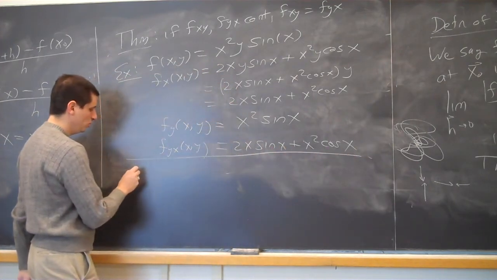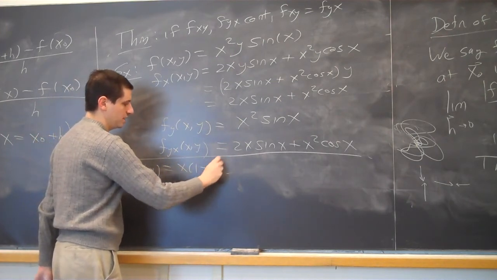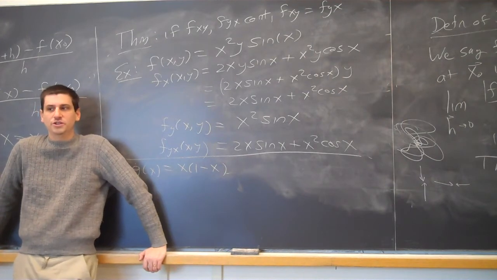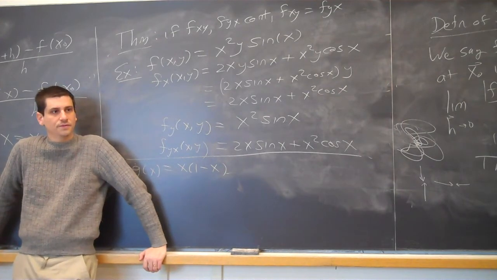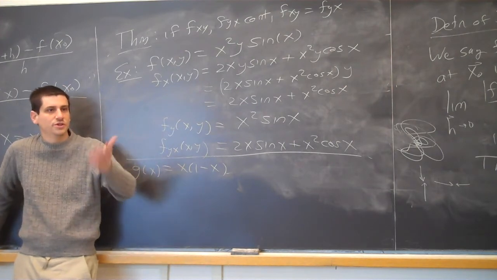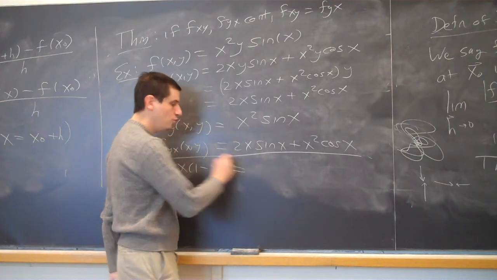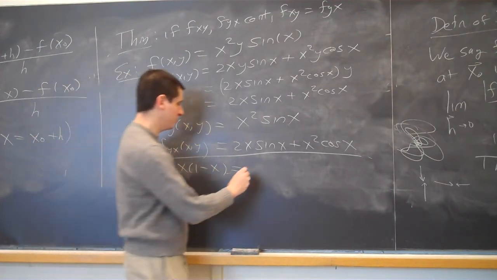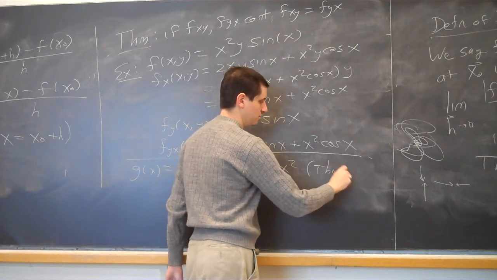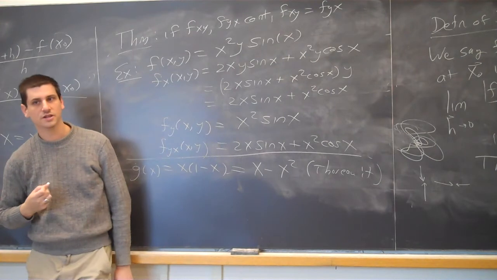Later, we will look at the function g of x is x times 1 minus x. How should I take the derivative of this function? What rule would you use? What process would you use? I would distribute the x and then use the power rule. Excellent. So you could use the product rule, or you could say, hey look, this is just x minus x squared. Expand.